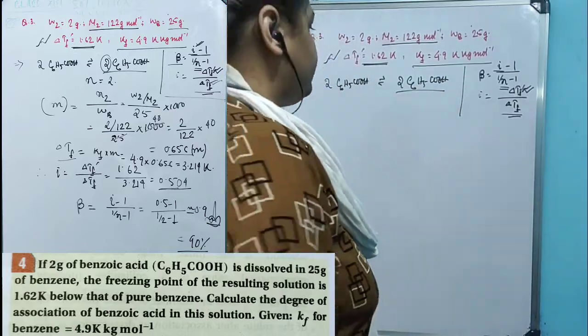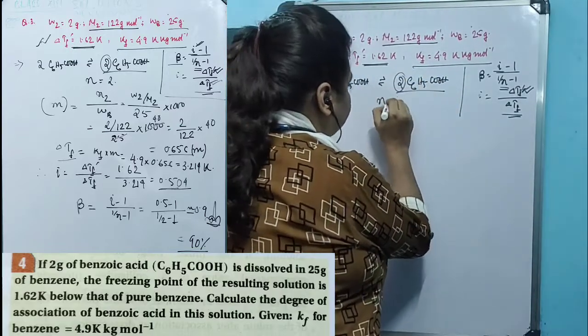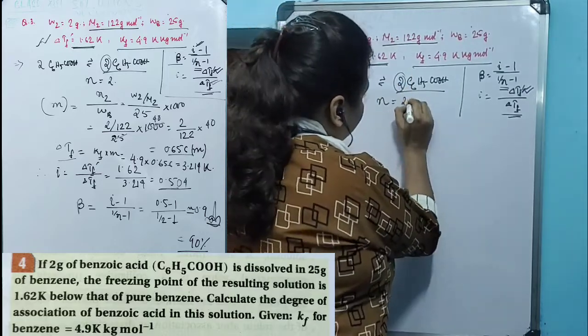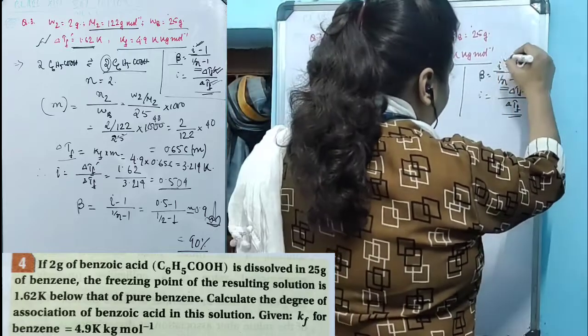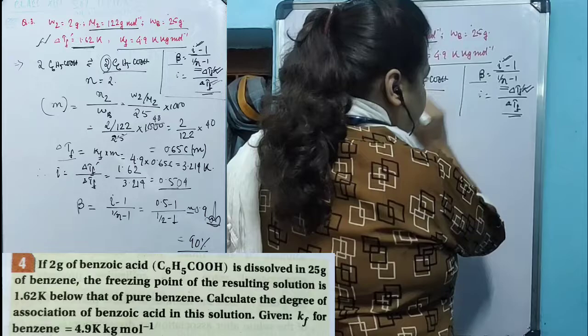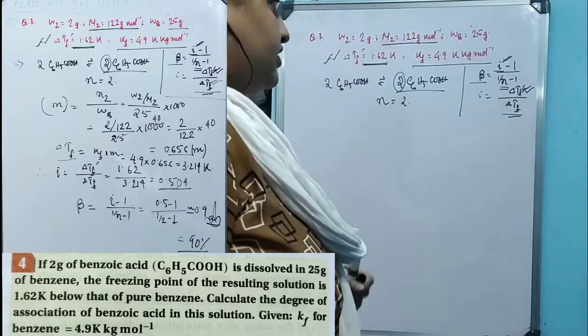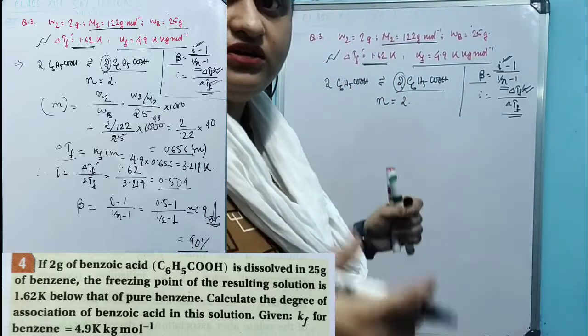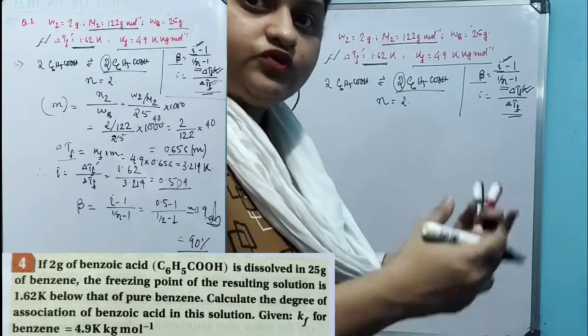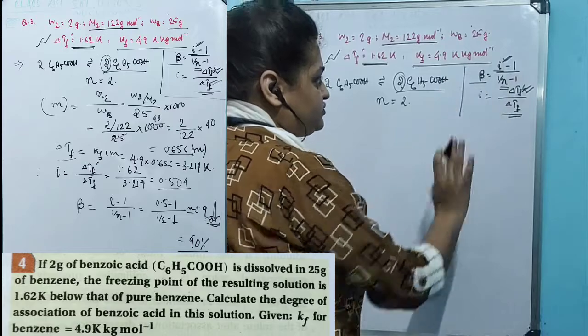As 2 molecules form one, n in this particular associative reaction is 2. So only i I have to find out to calculate this association constant beta.